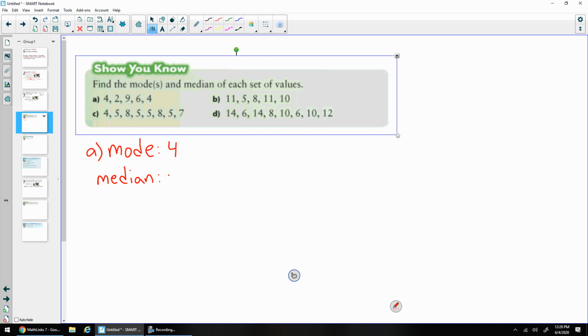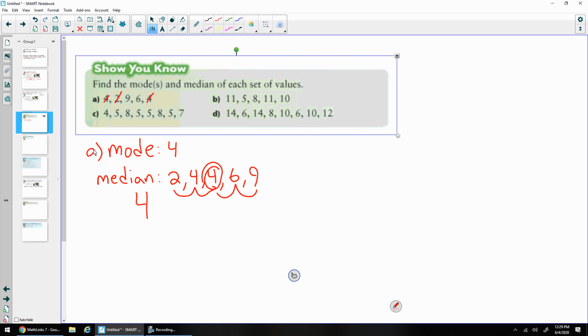So 2 is the lowest number, and then there's 2 4s. So the 2 and the 4s I've written down, and then there's a 6, and then a 9. So what is the number in the middle? Well, I can start from each side and go back. Oh, okay, I met here in the middle. So 4, the median is 4.